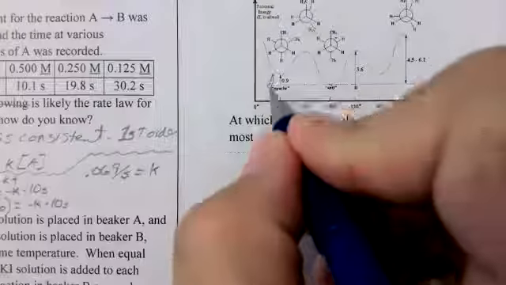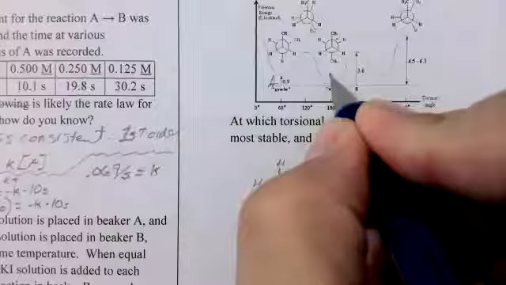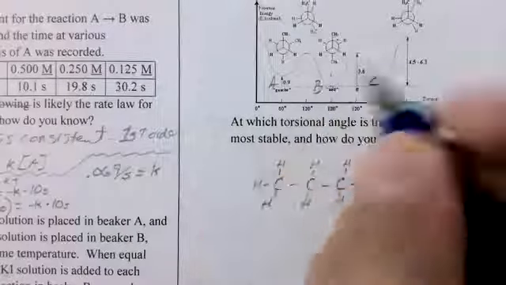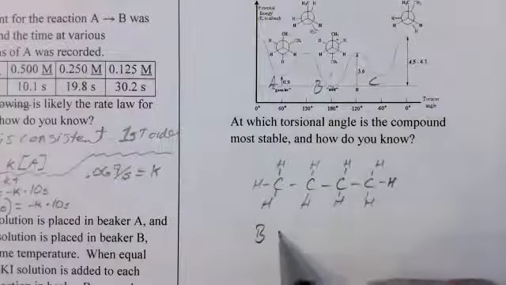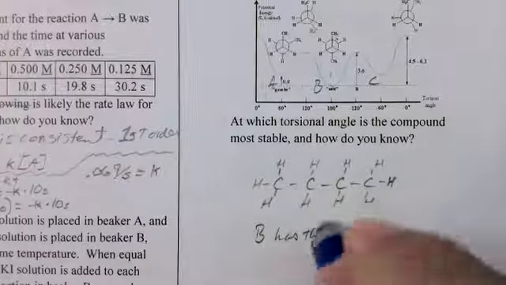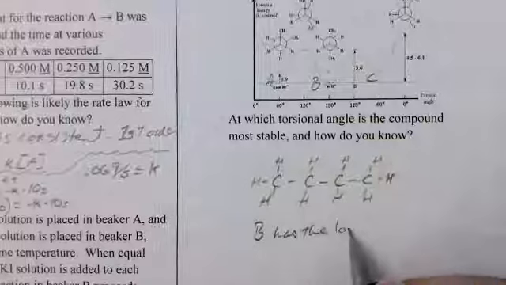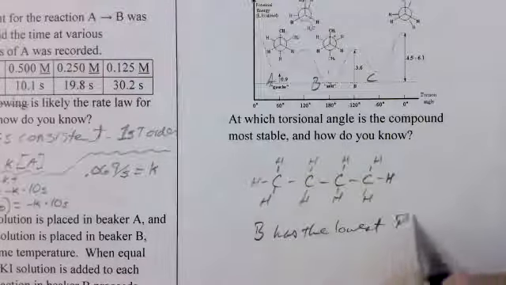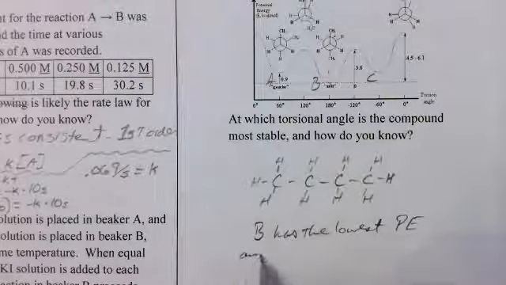So if we label this A, B, and C, then B has the lowest potential energy and is the most stable.